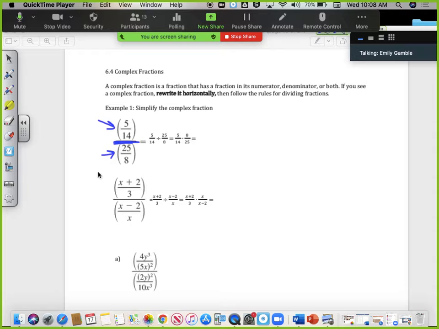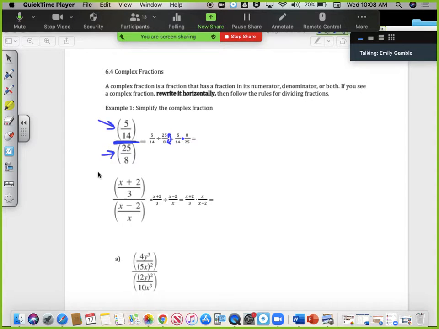Once you have it written like that, you can get rid of the crazy complex fraction look. Now it's just a division problem, which every division problem can be changed to a multiplication problem by keep, change, flip: keeping the first fraction the same, changing the division to multiplication, and then flipping this fraction upside down to its reciprocal, and then you can simplify.